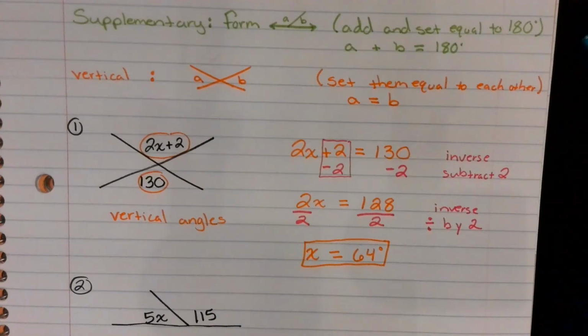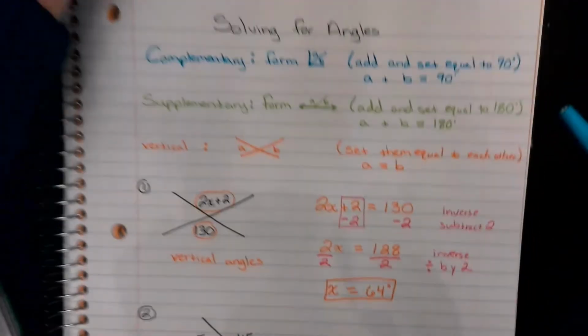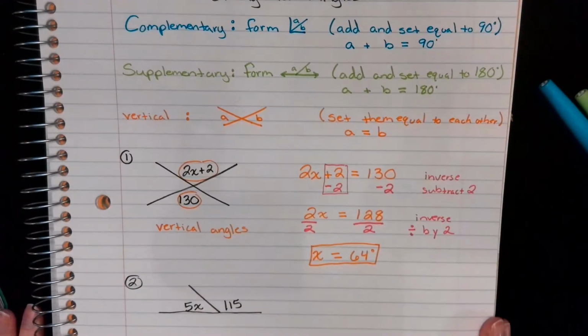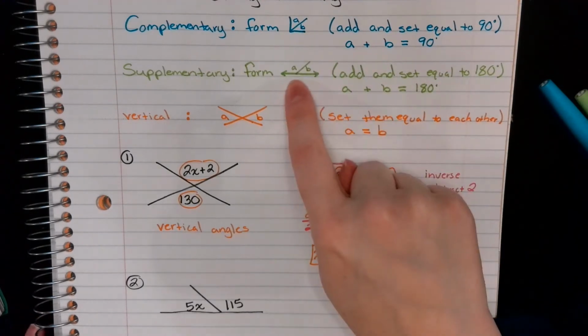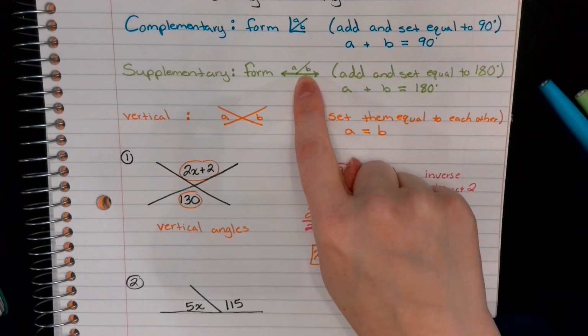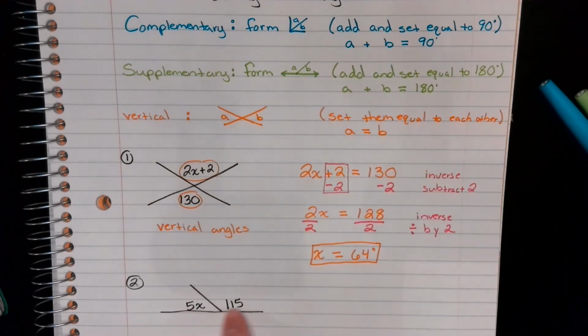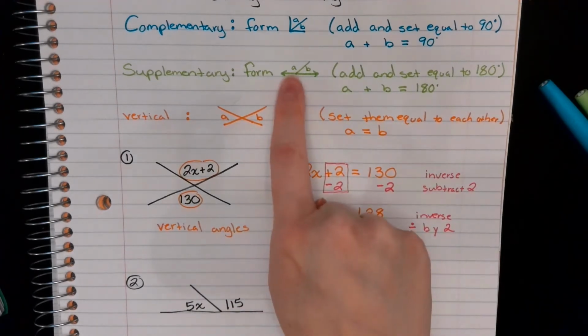You want to look back up here and see, okay, which set does it look like? Does it form an L? No. Does it form some straight lines here? Yes, it does form just a straight line. Those two angles together are going to make that straight angle. So that means that this is a supplementary set.